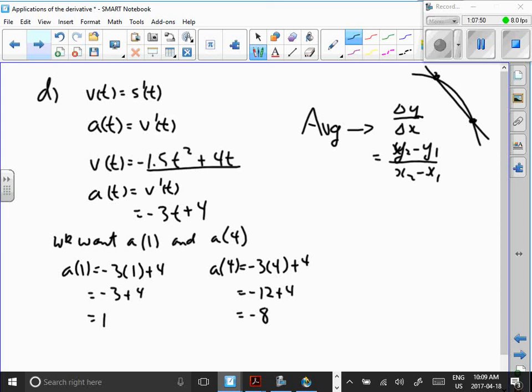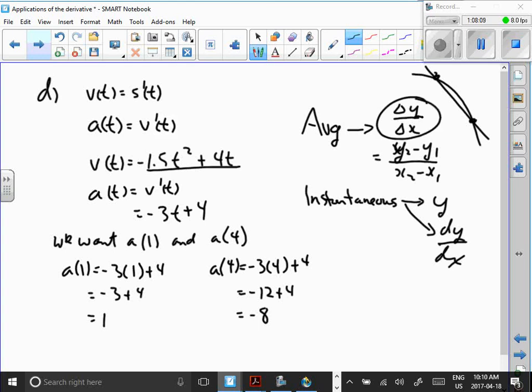You find the slope of that secant line. If you want instantaneous rate of change, and we start with y, we're going to use dy/dx. So the notation's similar. Delta y over delta x, or y2 minus y1 over x2 minus x1, is average. dy/dx is instantaneous.